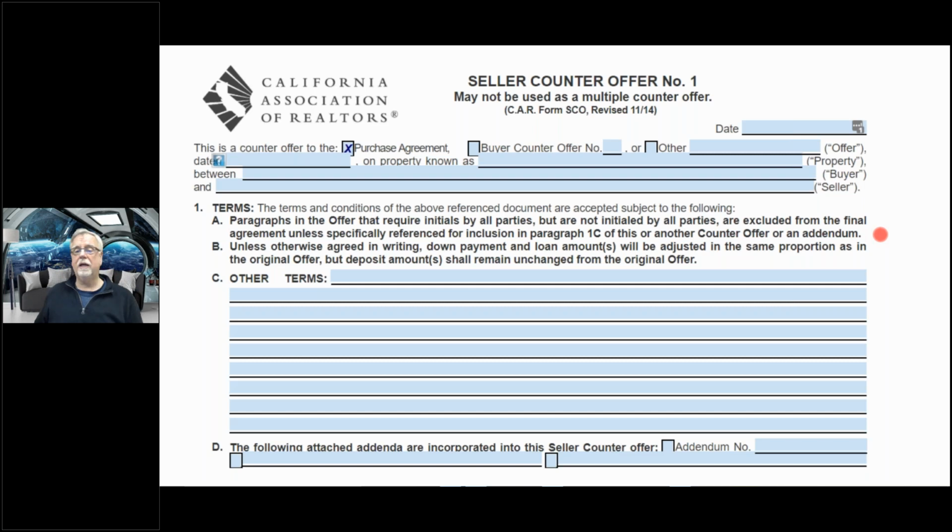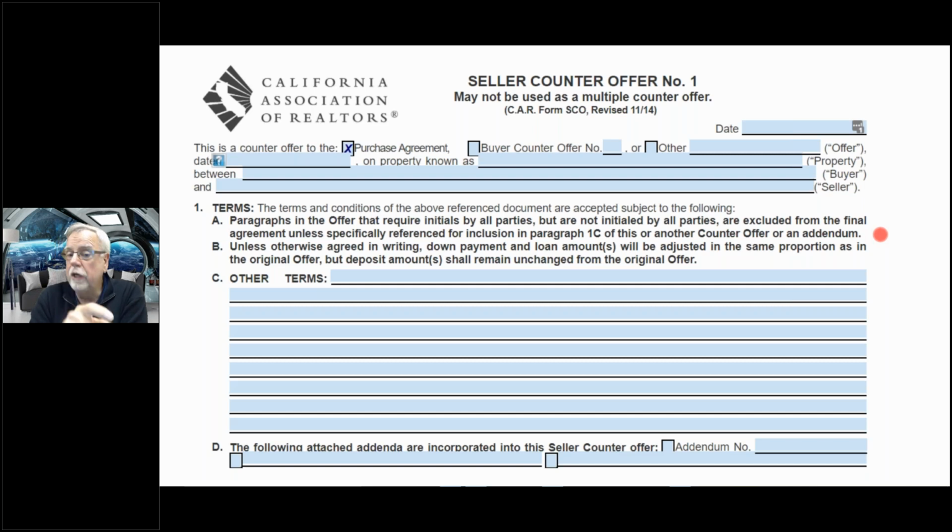Now, what some agents do that are lazy, or efficient, is this: the seller gets an offer. Paragraphs in the offer that require initials but are not initialed by all parties, the offer does not include initials for liquidated damages or arbitration or mediation.